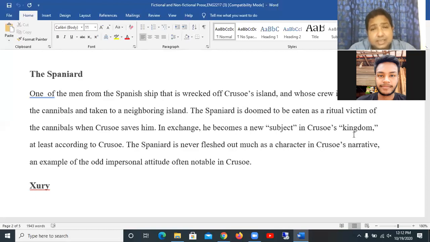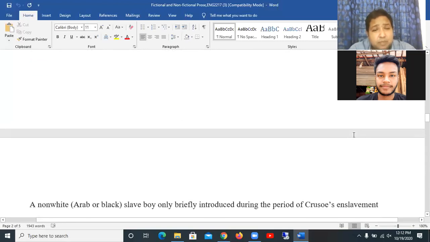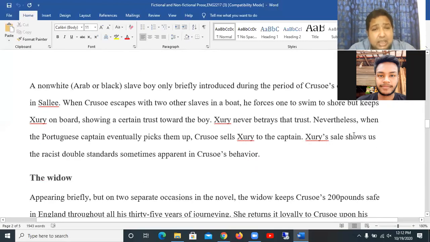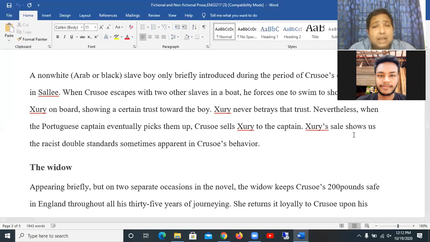Now we have the next character, that is Yuri. So, a non-white Arab or black slave boy only briefly introduced during the period of Crusoe's enslavement in Saleh. Saleh is a port in Morocco, that is on the African coast.